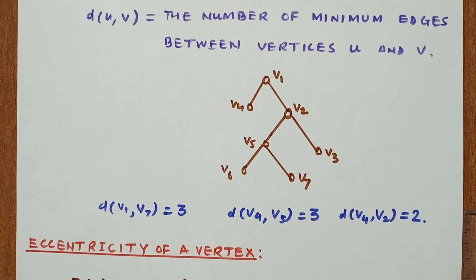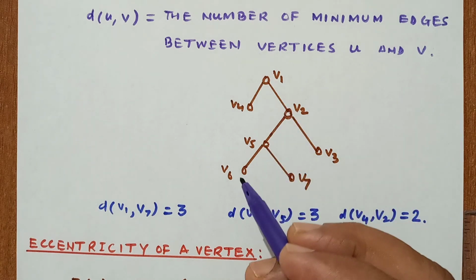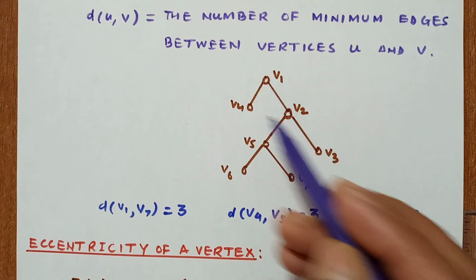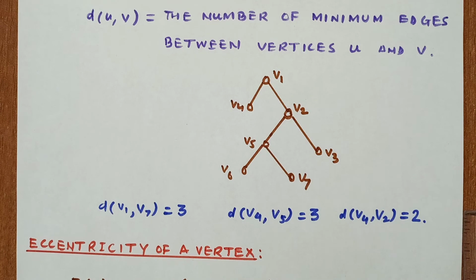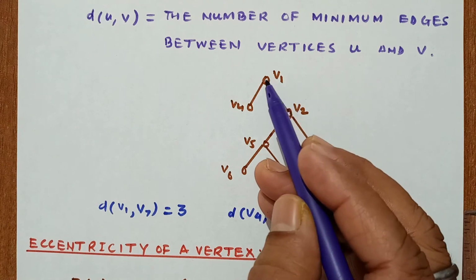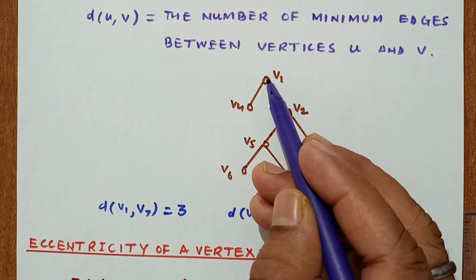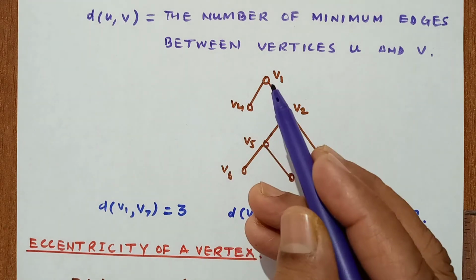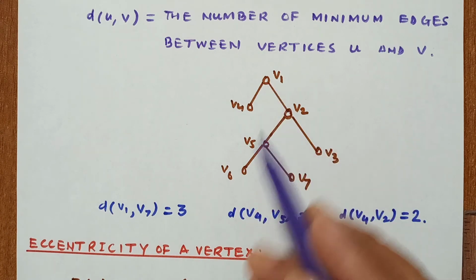This is very easy. Now, eccentricity of a vertex. Here we calculate eccentricity for each and every vertex. What is the definition? First we calculate the distance from this vertex to every other vertex, and then take the maximum length.